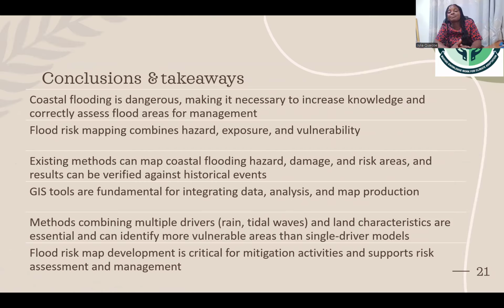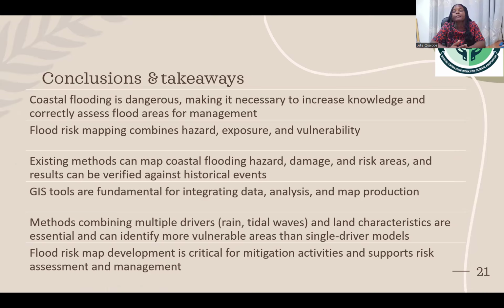And again, existing maps can also help map coastal hazards, the damage and the risk areas, and results can be verified against historical events. Then when we are looking at methods of combining some of these things, multi-drivers and land characteristics are essential to identify more vulnerable areas than single driver models.